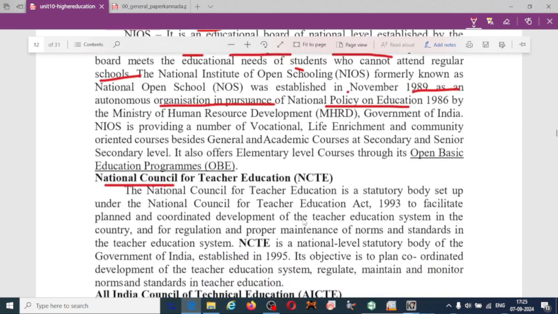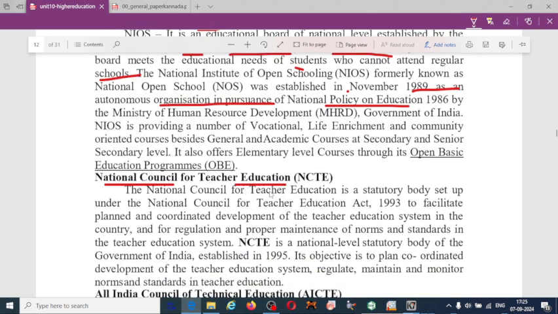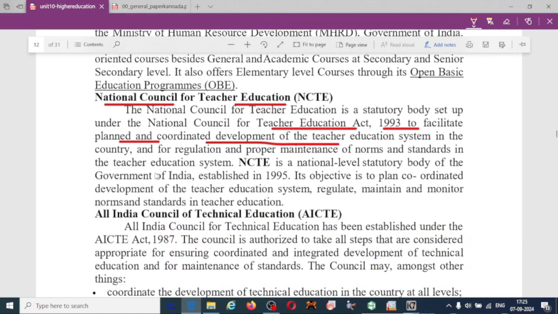National Council for Teacher Education (NCTE). This is the statutory body set up under the National Council for Teacher Education Act 1993 to facilitate planned and coordinated development of the teacher education system in the country and for regulation and proper maintenance of norms and standards in teacher education system.